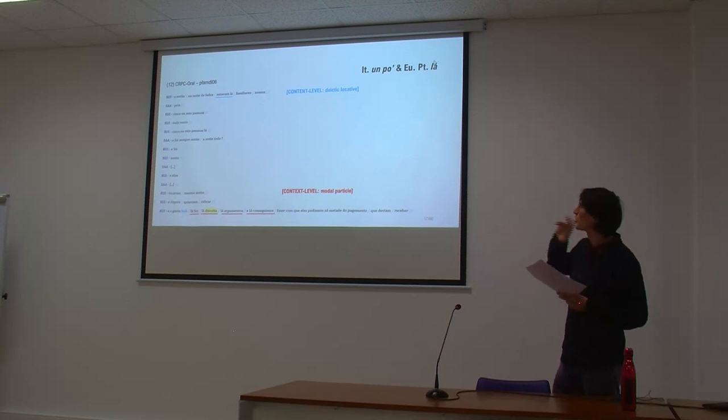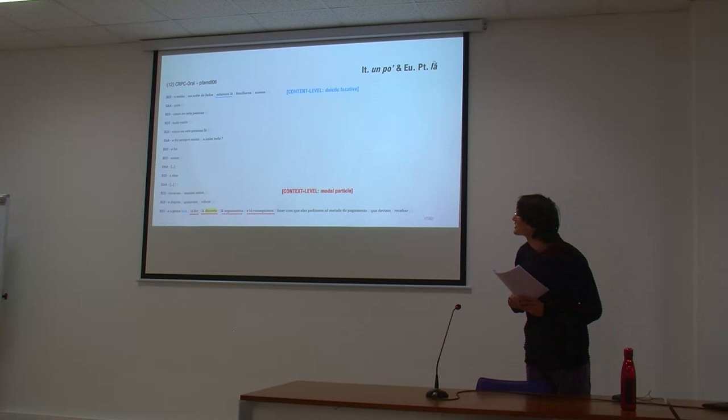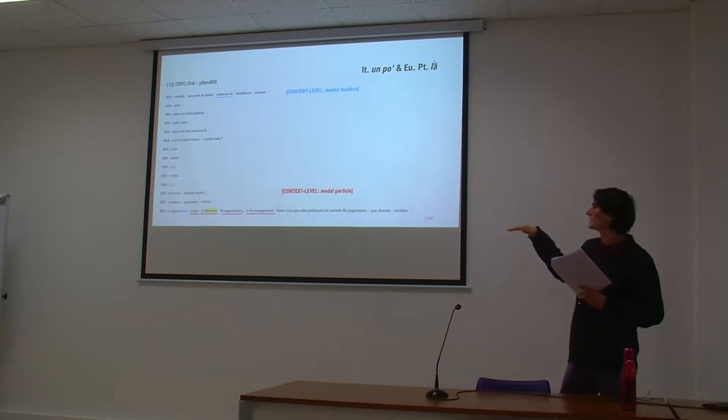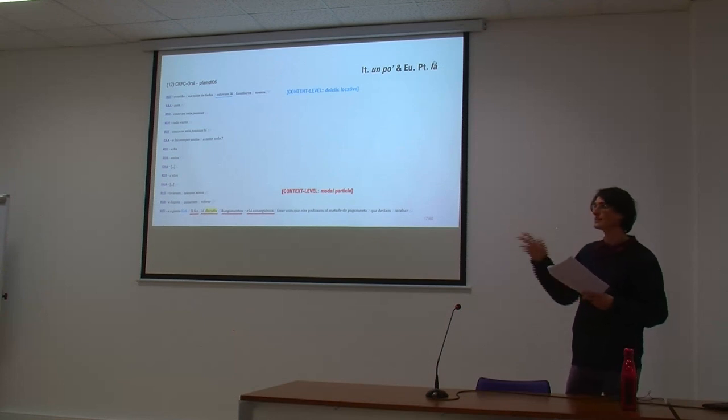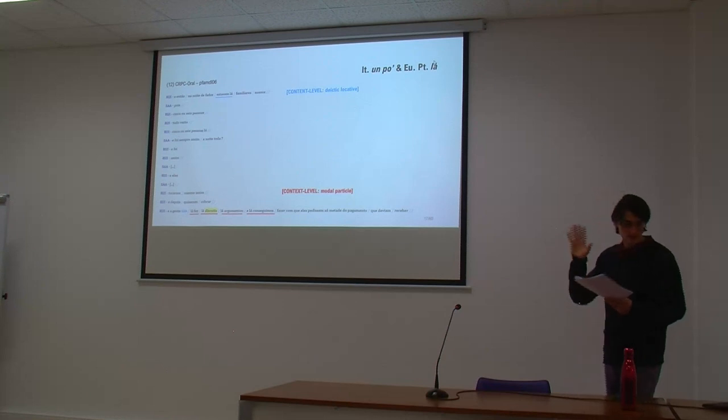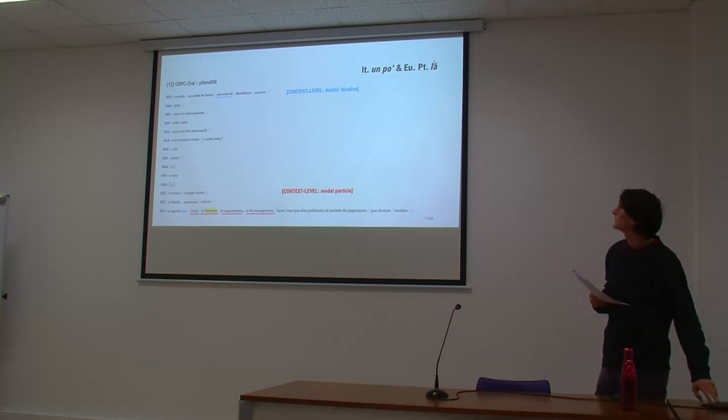And I will not read the whole example because it's just for my pronunciation. But in the last sentence, in a row, there are different verbs modified by lá. And in this case, lá doesn't refer to a point in the space, but it's rather used to add some subjective evaluation towards the state of affairs expressed by the verb. So this is more or less what I have in mind.